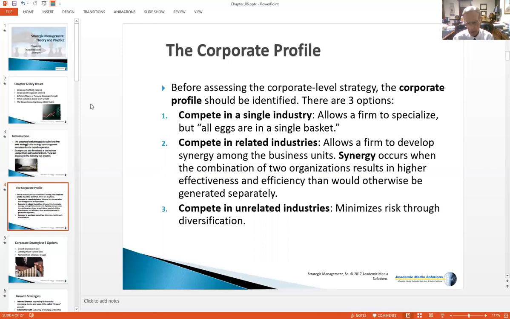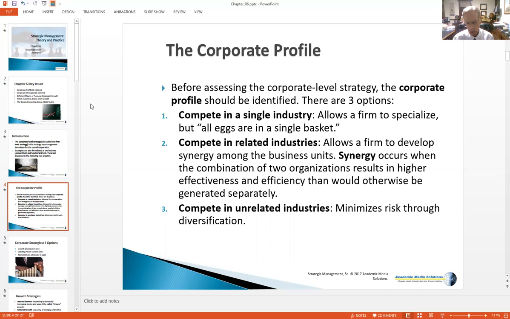And if they have things in common, such as the way the product is manufactured, or research and development, or the markets that are served, and the marketing and distribution channels through which they're served, then it's possible to seek synergy.